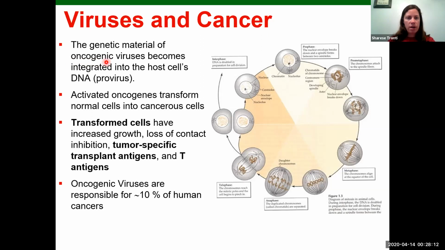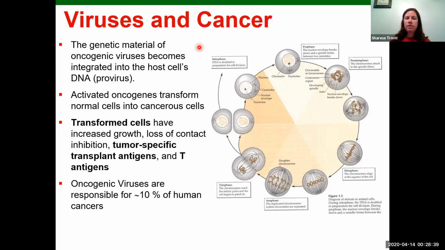So oncogenic viruses have oncogenes, and oncogenes are genes that cause cancerous-like cells. So they're going to transform the host cell into cancerous cells. And they do that by speeding up replication of the host cell. So it's going to speed up the processes of mitosis.